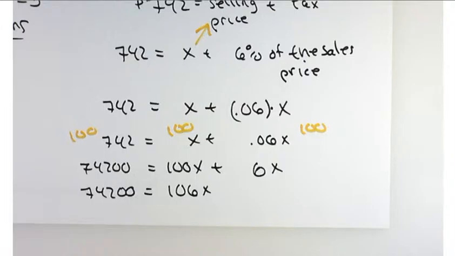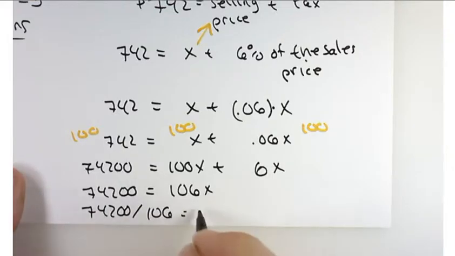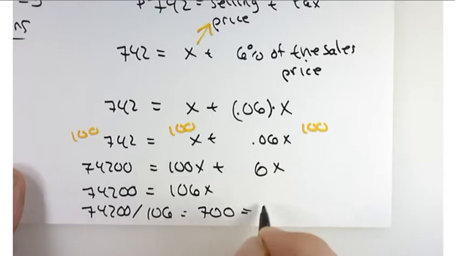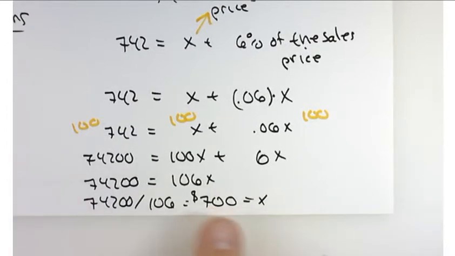But you should be able to tell me how to solve here. What would I do to solve? Divide by 106. So if you divide by 106, 74,200 divided by 106 equals $700. So that has to be the sales price before tax, so that you can get out the door with $742.